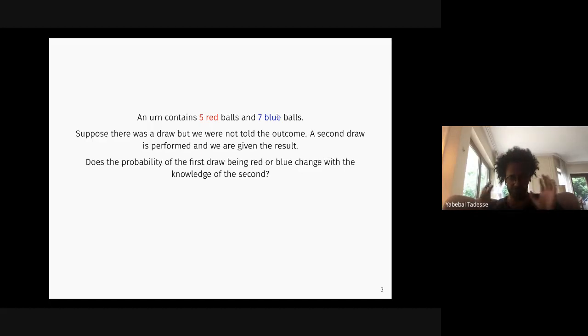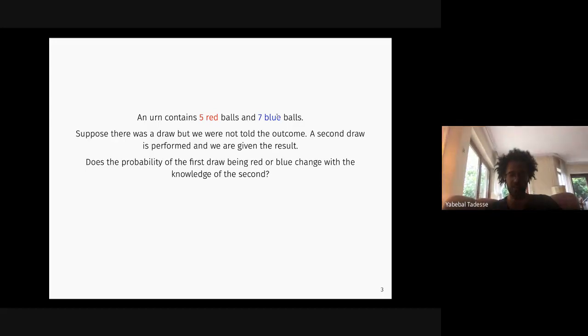Suppose somebody went and drew 1 ball, but didn't communicate the outcome to you. And then they went another time and took another ball, the second time. They didn't replace it, so it's called sampling without replacement.